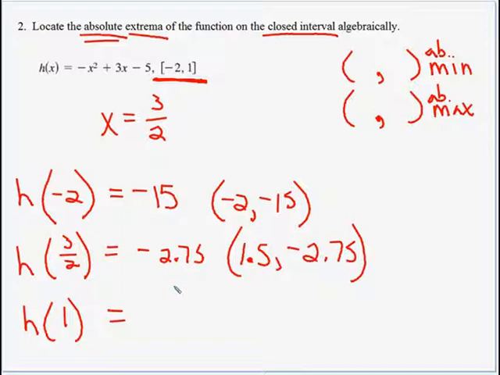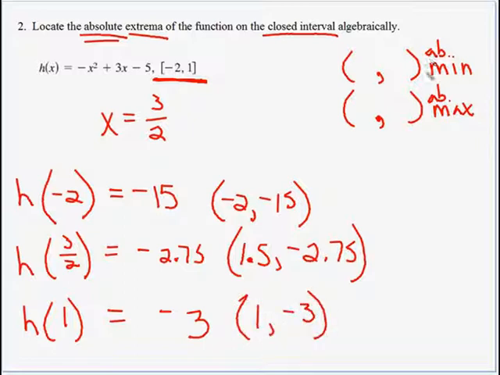And last but not least, h of 1. If we plug a 1 in there, we're going to get a -1 plus 3, which takes us to 2. Minus 5 would take us to -3. So that point is 1, -3.